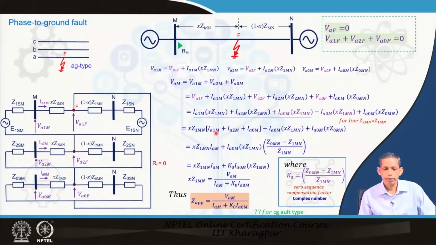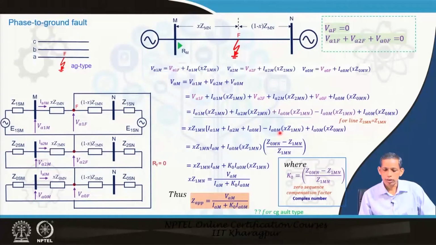What is IAM? The phase A current at relay RM as seen by the relay RM, and the fault is also a phase A fault. That is why this part becomes IAM, so we have x Z1Mn. Now if you see these two components, we take I0M x Z1Mn common.